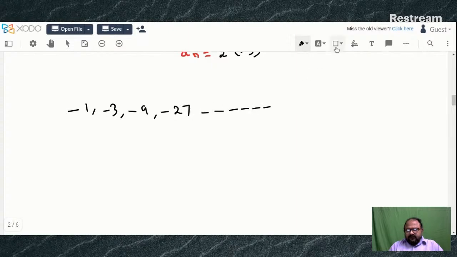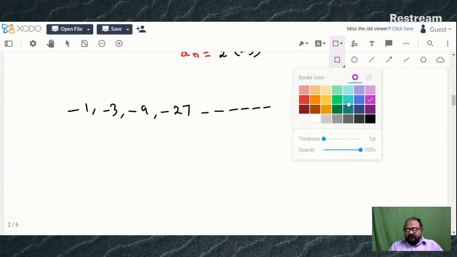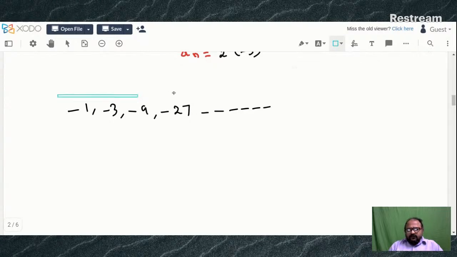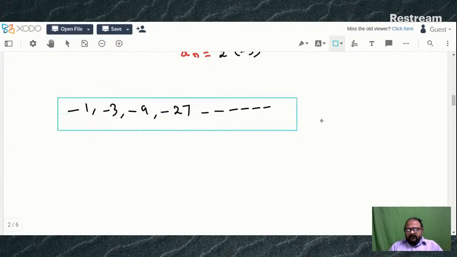So this is the given list of numbers. You should find the common ratio, this is the first one. Second one is the nth term. You should find common ratio and the nth term.